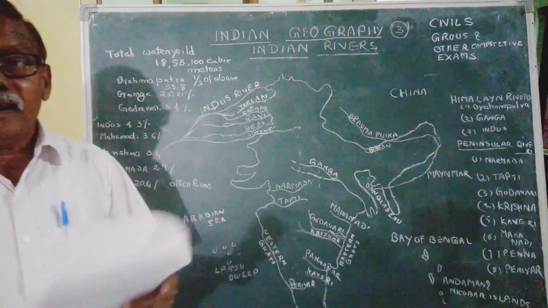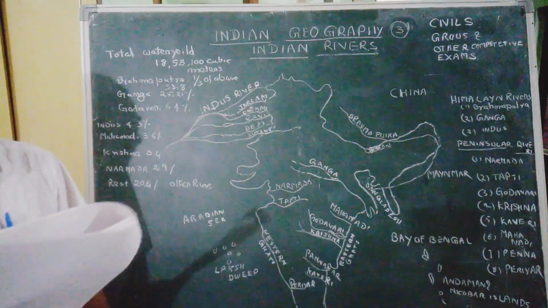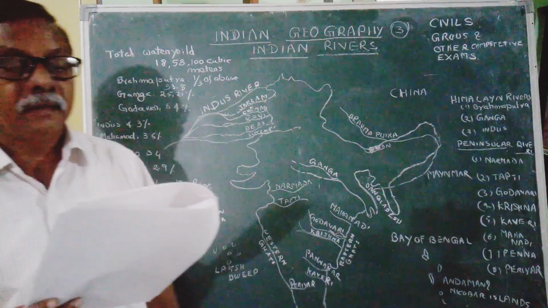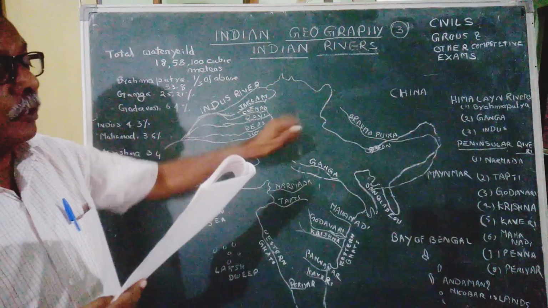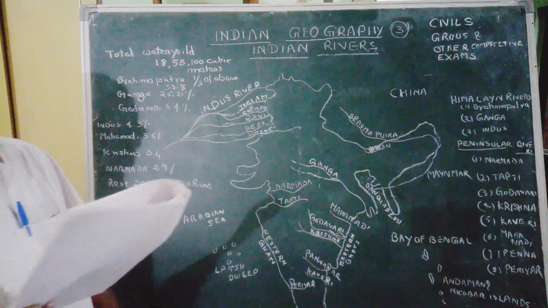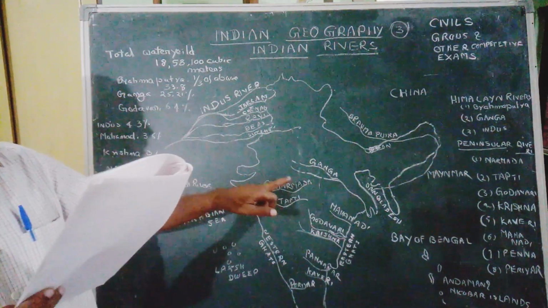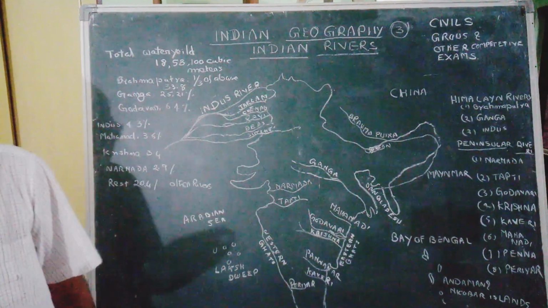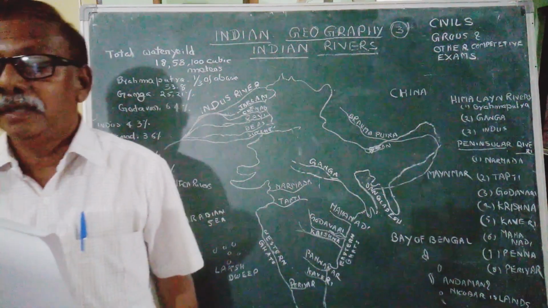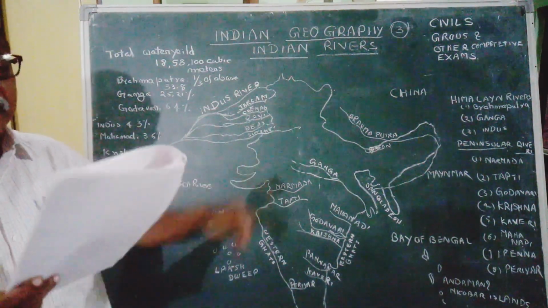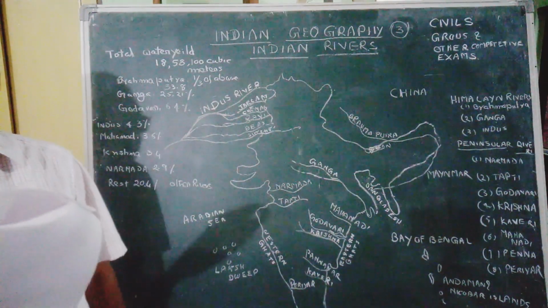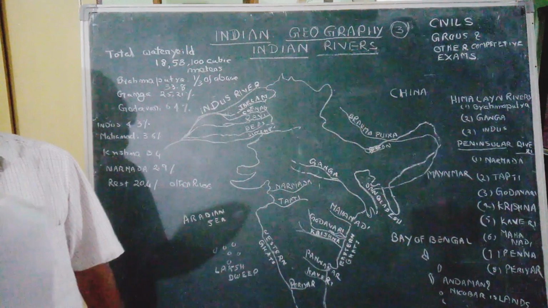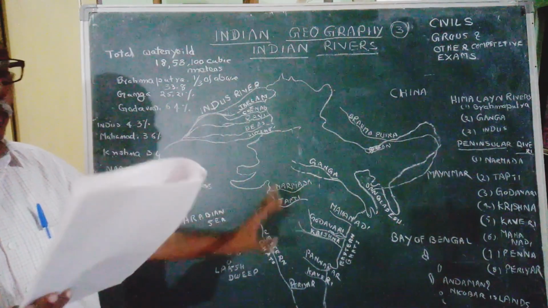The Ghaghara tributary, born at the east point of Gangotri, at that point is called Karnali in Nepal. It joins the Ganga at Chapra. It flows a few kilometers only.